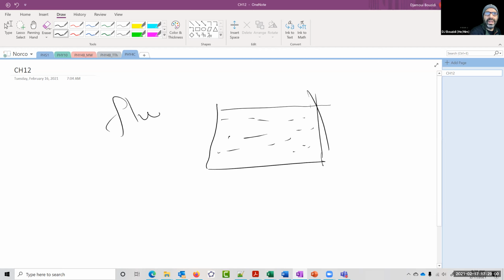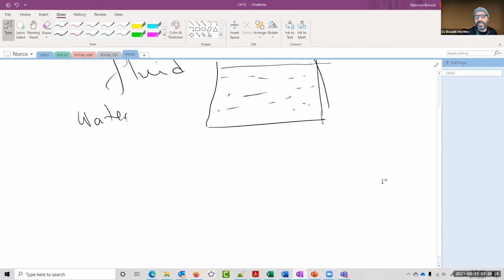So this is a fluid of some sort. When I say fluid, I sometimes interchangeably use the word water. So when I'm talking about fluid, think of water all the time, unless otherwise stated, unless we change it all of a sudden to air or oil or something like that.